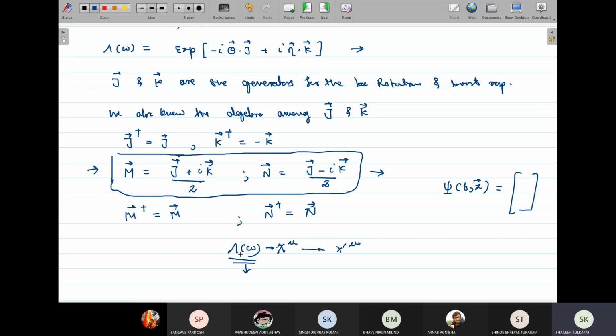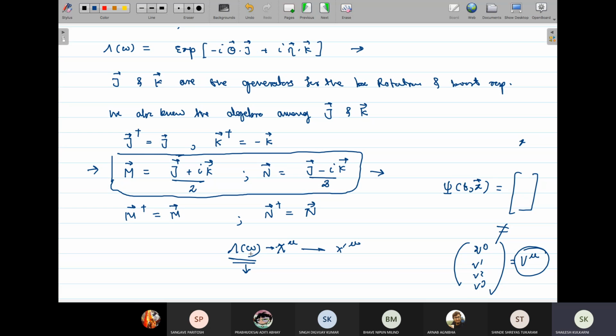I should know how lambda omega should act on this column vector. This is not your ordinary x mu, not your usual v0, v1, v2, v3. When I write v0, v1, v2, v3, it is a four vector, and I know how the four vector transforms under Lorentz transformation.